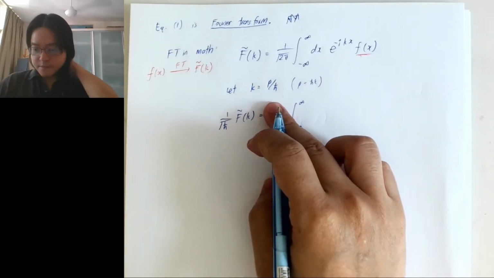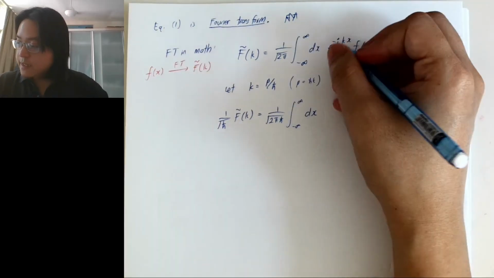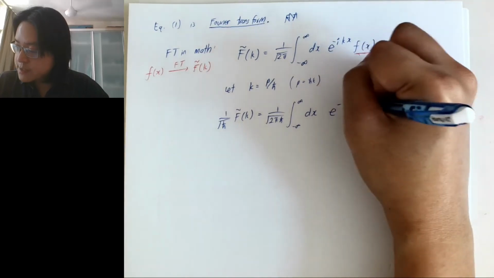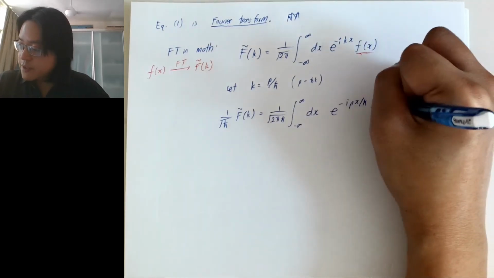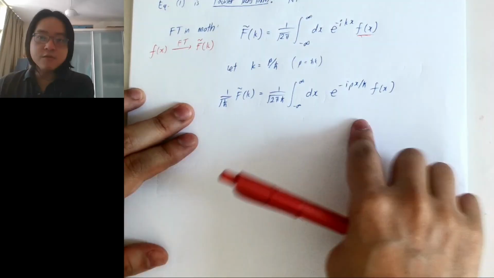And then this becomes dx, and then the k just becomes e to the minus ipx over h bar, Fourier transform of this, right? So this was our relation that we just derived.